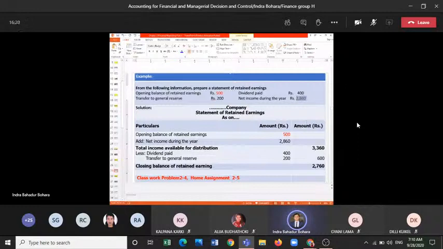That amount is added with the opening balance of retained earning, and the total amount is 3,360.